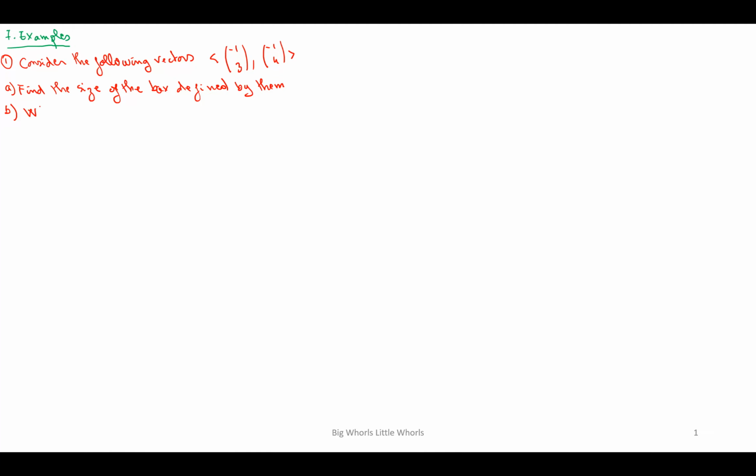Then in part B, we are being asked to find the orientation. And in part C, we are being asked to find the volume.